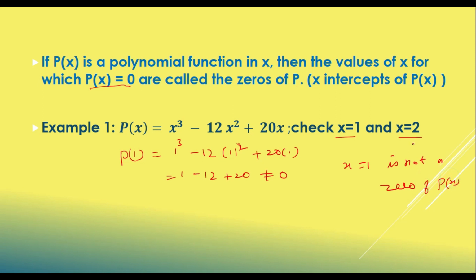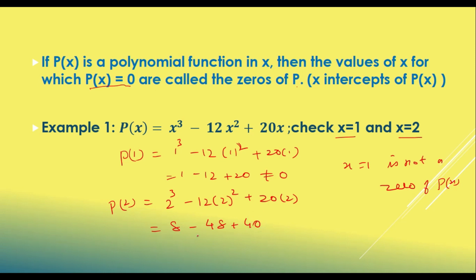Okay, and similarly check x equal to 2. There are many other techniques we can use to find the zeros here, but a very simple one is substitution. When you substitute x is equal to 2, what is p of 2? 2 cube minus 12 times 2 square plus 20 into 2, which is 8 minus 12 into 4, which is 48, plus 40.